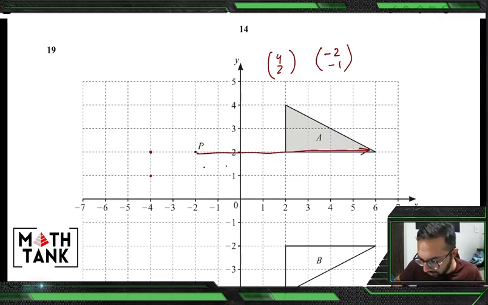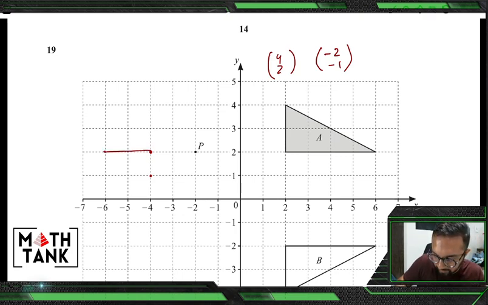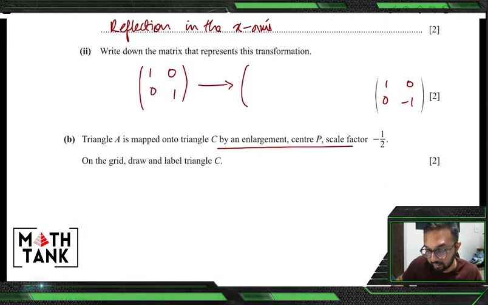How many units? 1, 2, 3, 4, 5, 6, 7, 8. So that's 8 and 0. So I'm going to say that it moves to minus 4 and 0. So that's the new shape that you have. It's triangle C. Make sure to label correctly as well.